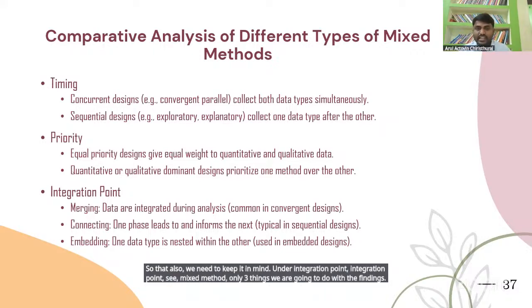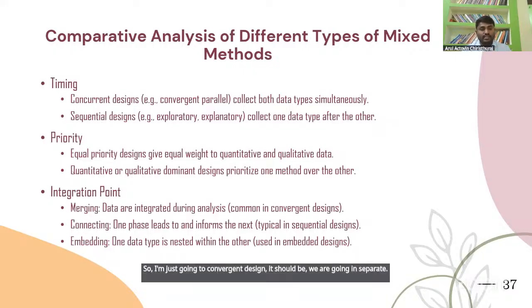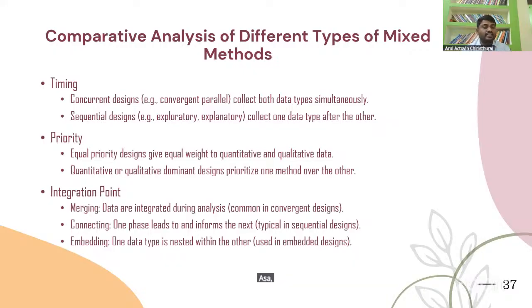Either we merge the findings of both quantitative and qualitative. So when it comes to convergent design, we integrate at the data analysis. And then connecting in sequential design, because we first flow with the quantitative or qualitative.